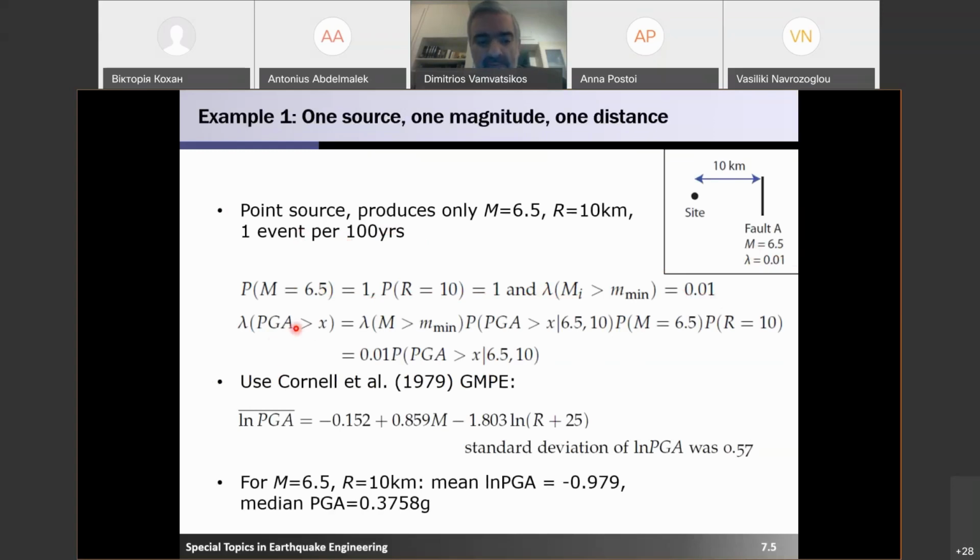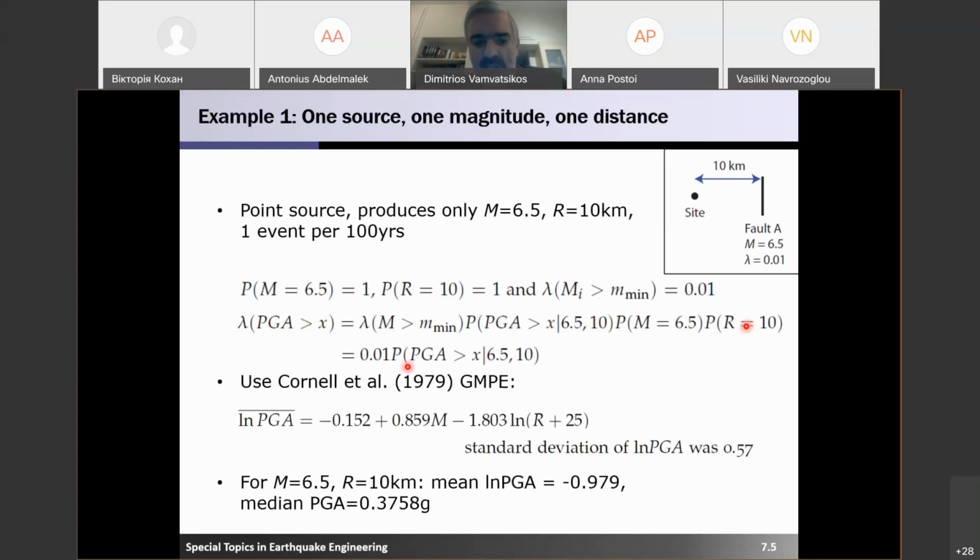So your rate of PGA exceeding, let's say, any value of x is just the multiplication of those values. The rate times what comes out from the GMPE, which is the probability of PGA greater than x given the scenario values, and those two probabilities of the scenario, which by the way are 1.